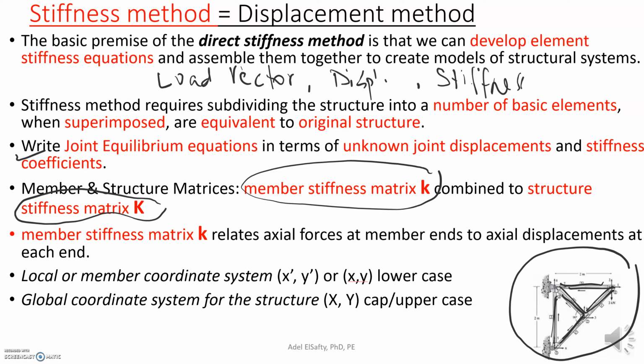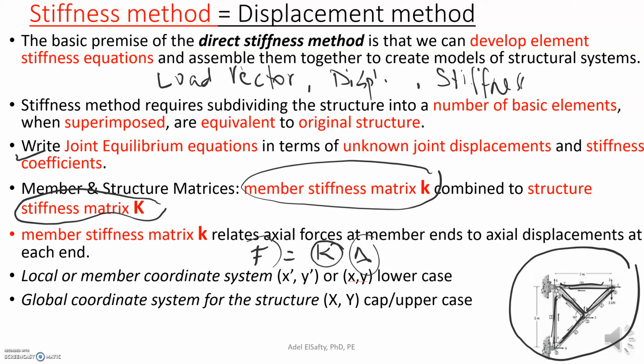And if you are talking about a truss member, then K will relate, what does K mean in that case? It's relating the axial force to the axial displacement, which is again from force equals K delta. So what does K mean? It's relating the actual force that's applied at the ends of the member to the axial displacement that's being developed.